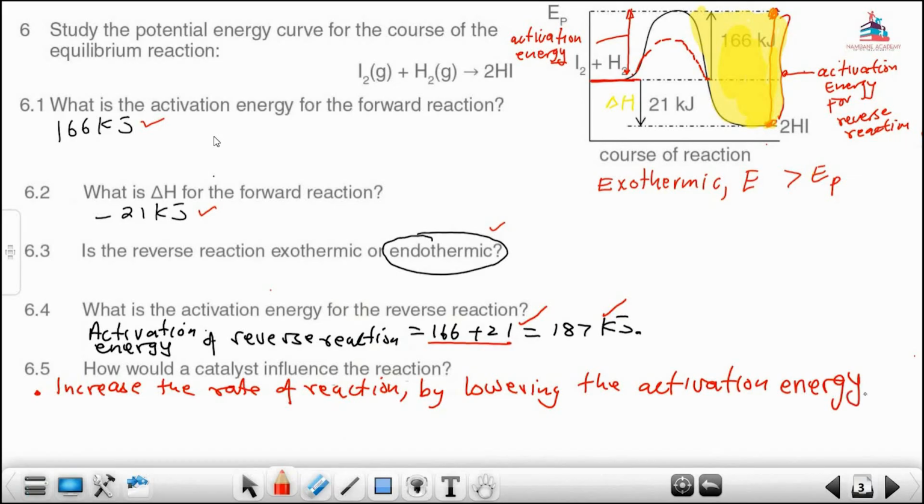So it's actually lowering the activation energy. That is how it is doing it.